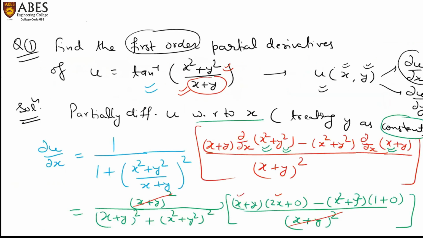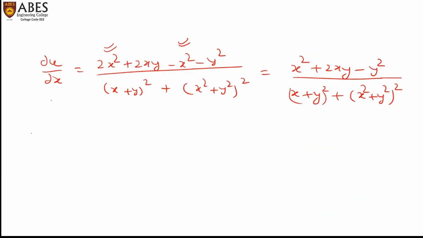Similarly, as we know, this function u is symmetric with respect to x and y. It means if we replace x by y and y by x, then there will be no change. That's why this function u is symmetric. And for a symmetrical function, we can directly differentiate u with respect to y, obviously now treating x as a constant.